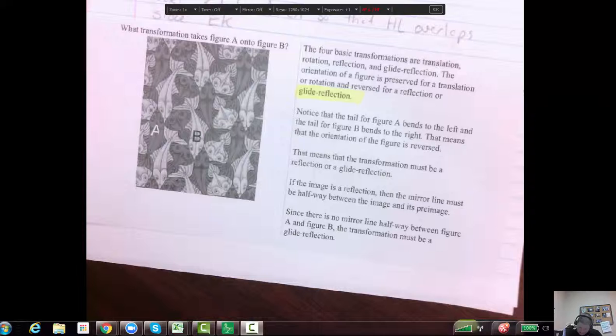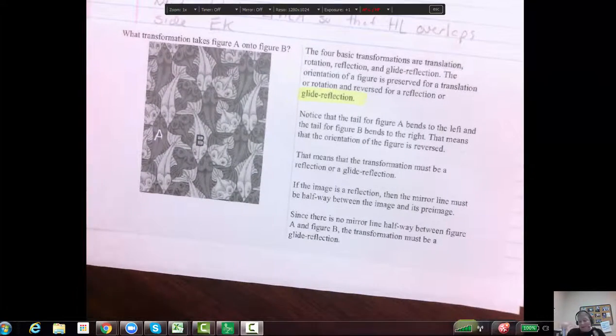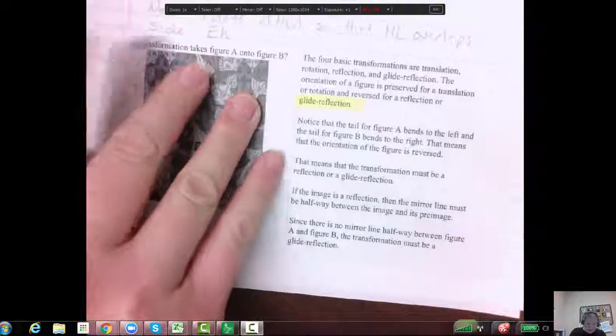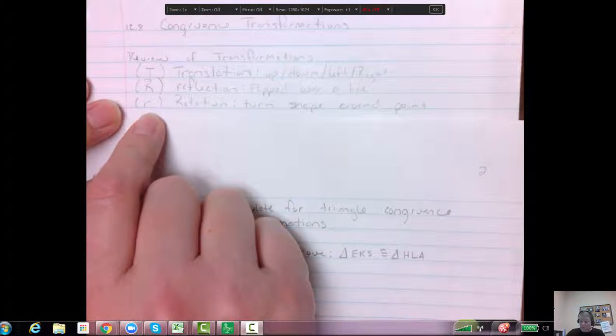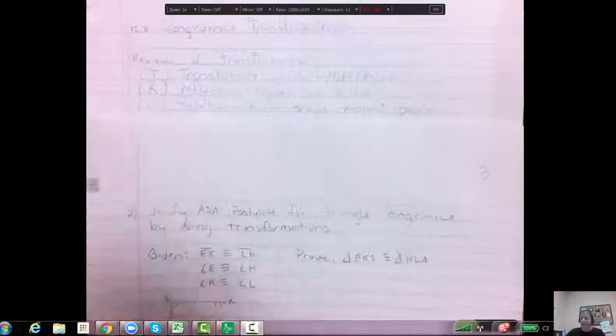I can't really see any pairs that are an exact reflection. I was trying to find one that's just a reflection, but I don't think there is any in this one. They're all glide reflections to get from one shape to the other. All right, so that's kind of the idea of 12.8: you're just looking over those main transformations and deciding which ones line up our triangles.